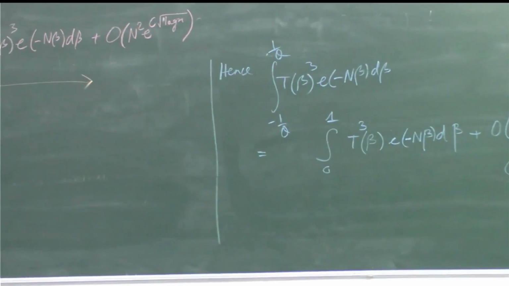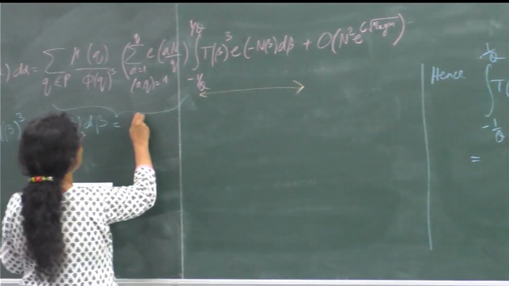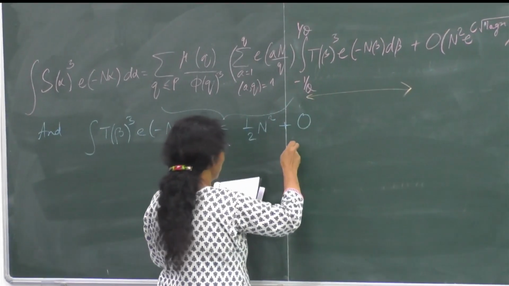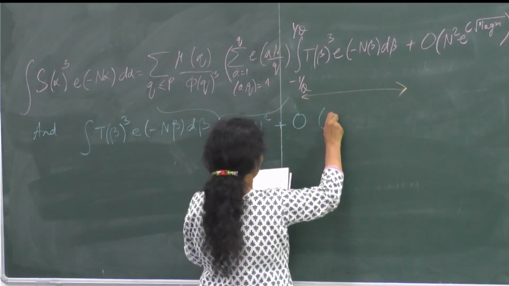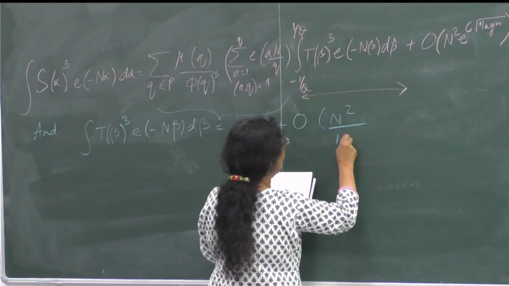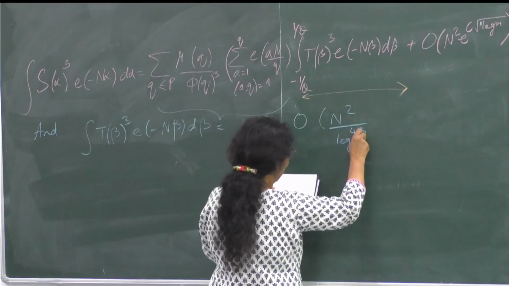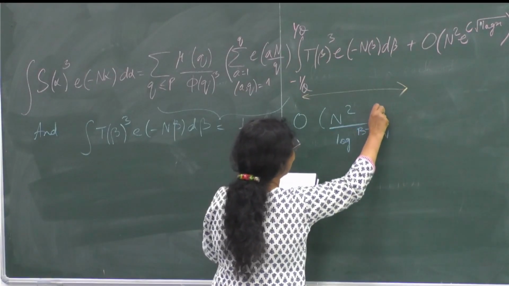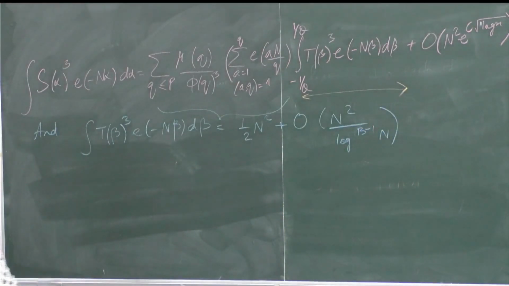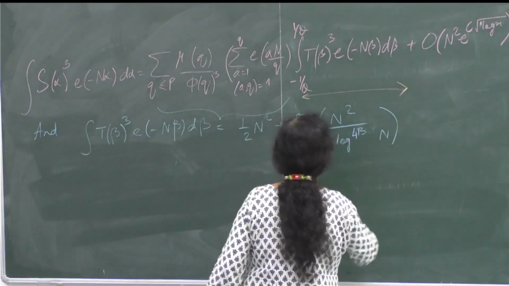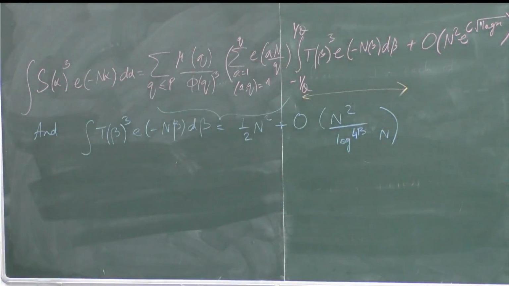So this is half n squared plus big O of n squared by the error that I found there, log to the minus 4b. Okay.